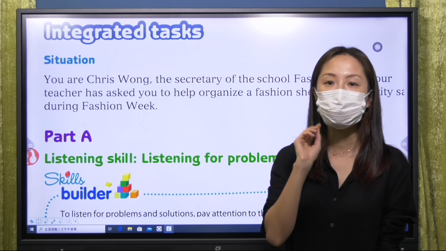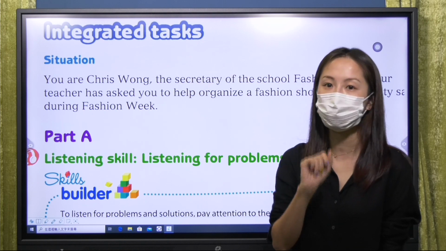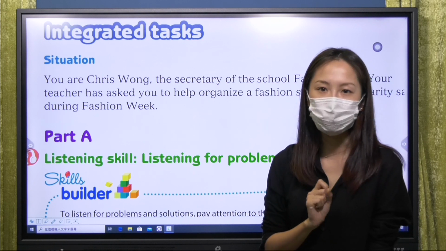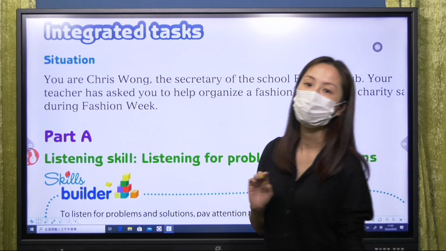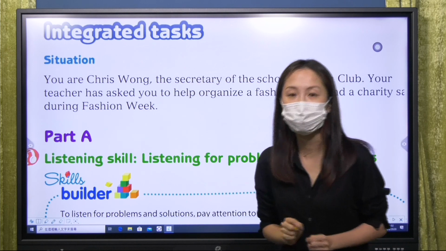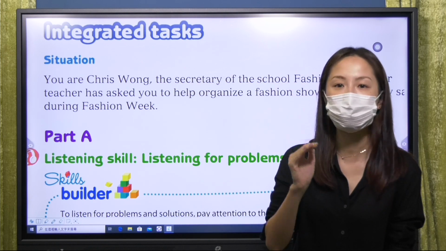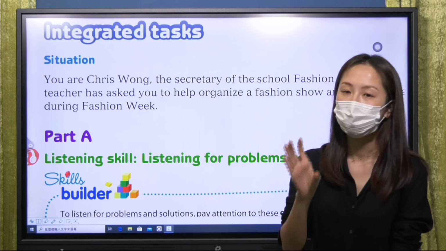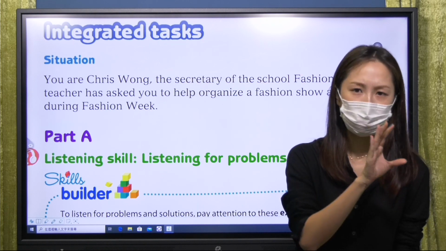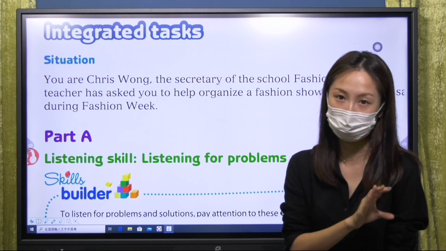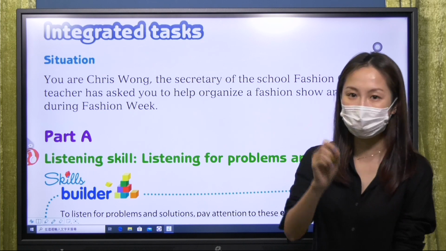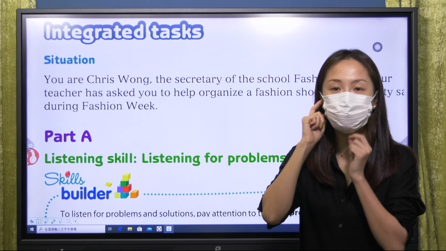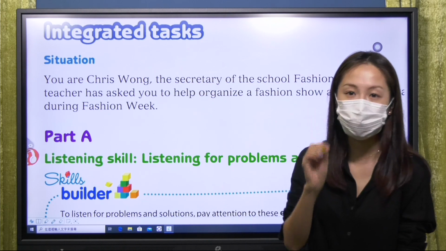But for part B, do you remember what is the most special part of part B? Usually in part B, there will be a set of data file, right? You have to read through, skim and scan the data file, and based on the data file, you finish the tasks in part B. But besides the data file, you also have to listen and take notes.